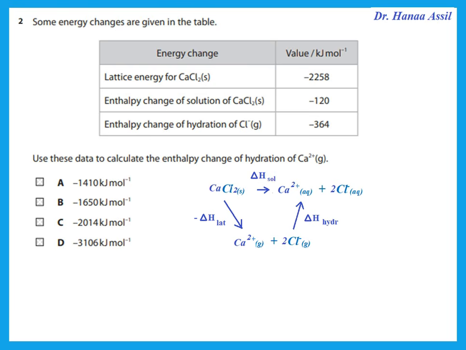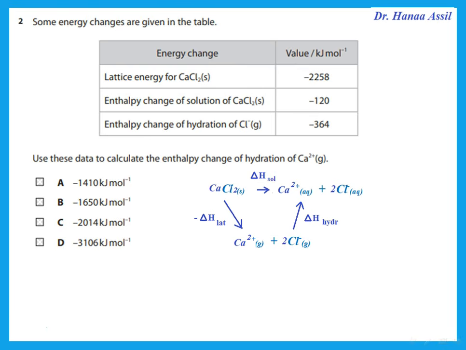Now, to make it into aqueous ions, that is delta H of solution. To make it into gaseous ions, that is minus of delta H lattice, because delta H lattice is from gaseous ions to the solid.